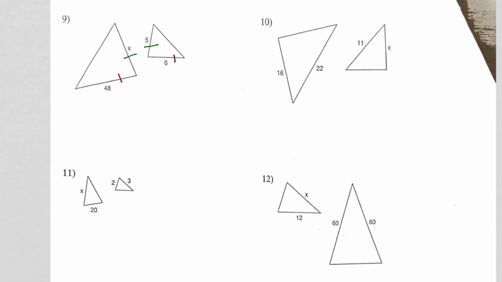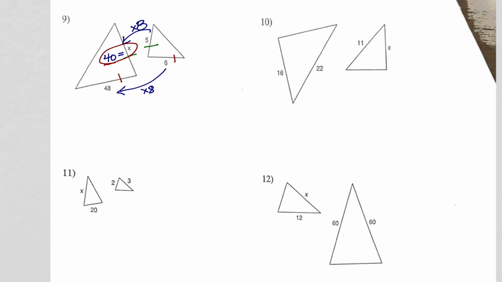All right. Well, I know with my mental math that 6 times 8 is 48. So 5 times 8 would be 40. So the missing side here must equal 40. Okay, let's look at the next one.